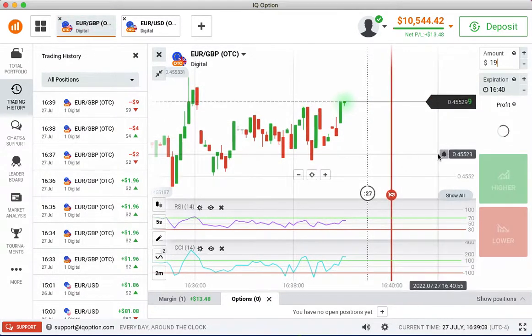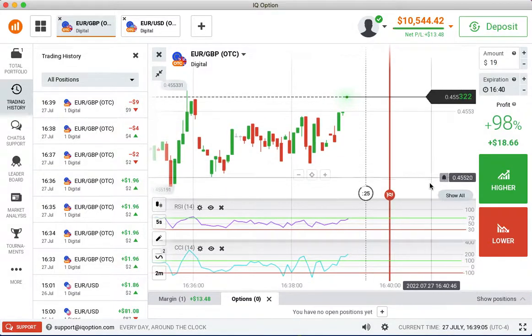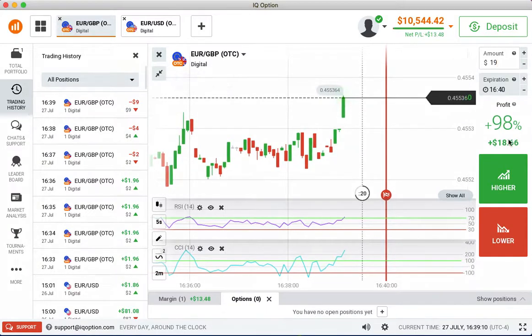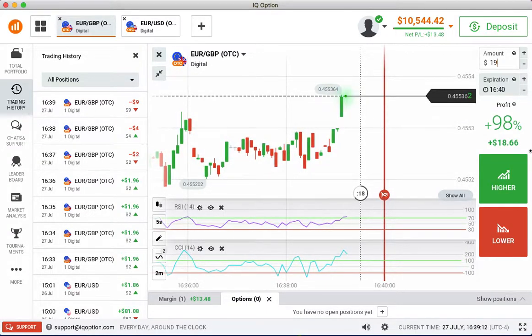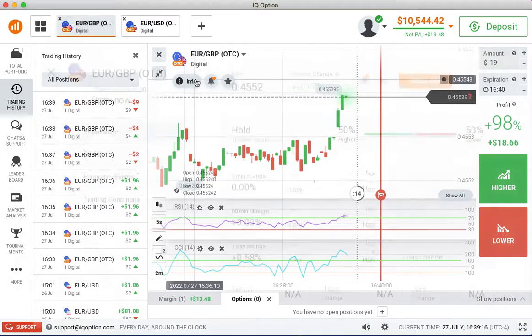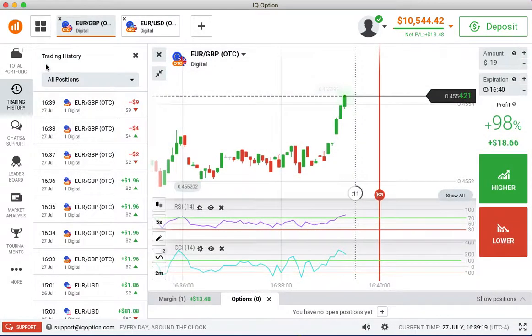So nine loss, good. We just do 19. And 9 and 4 is 13, and 4 and 2 is 15, so $3.66 profit, which is a good thing. And as you can see, the markets are moving.